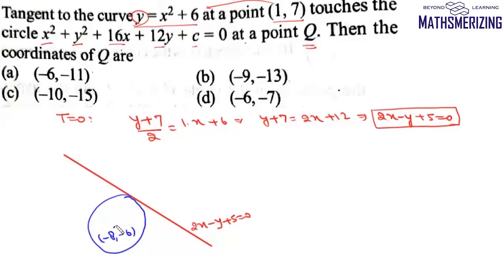Now if we had to find the point of contact, I just need to find the foot of perpendicular from this center to this given line. So how do we find the foot of perpendicular?